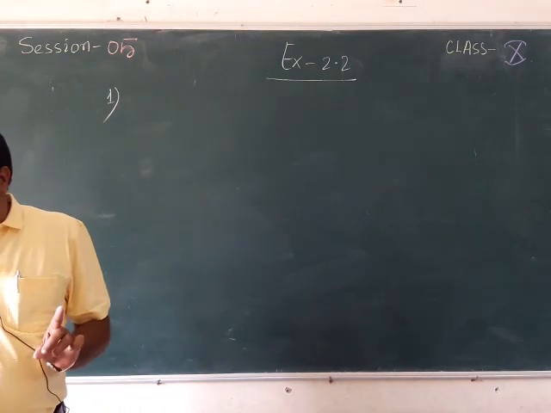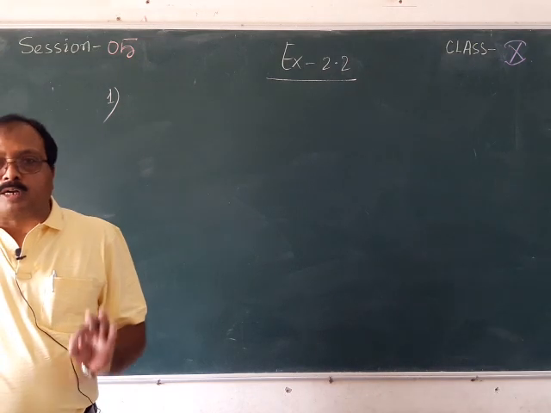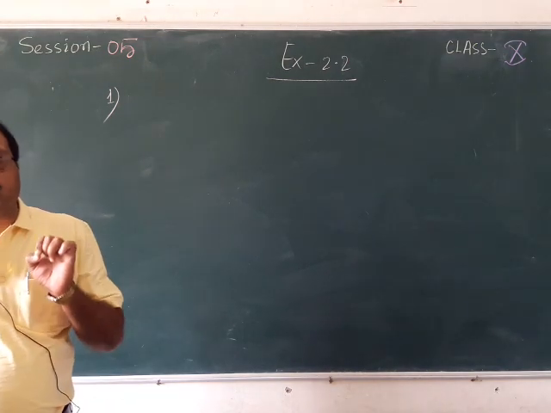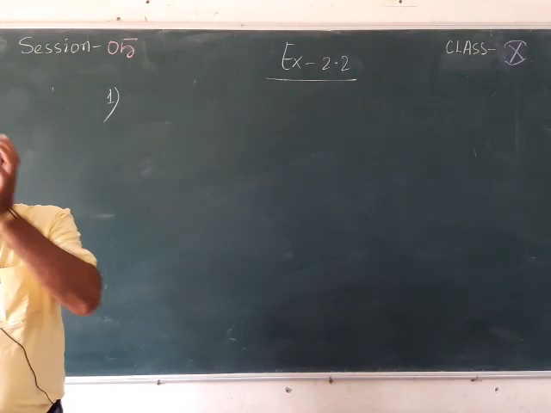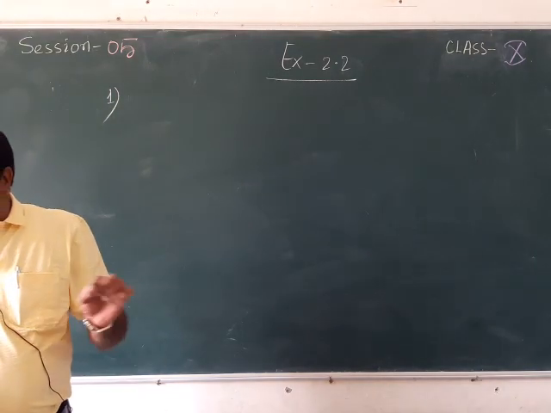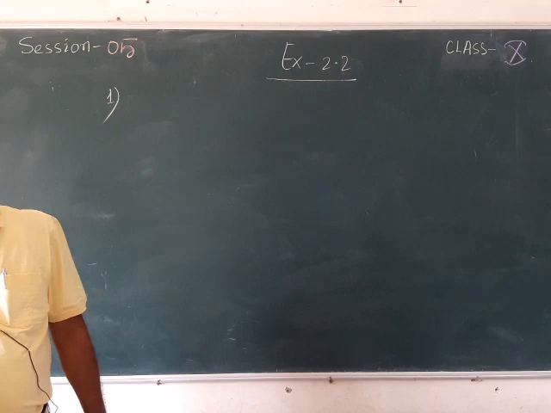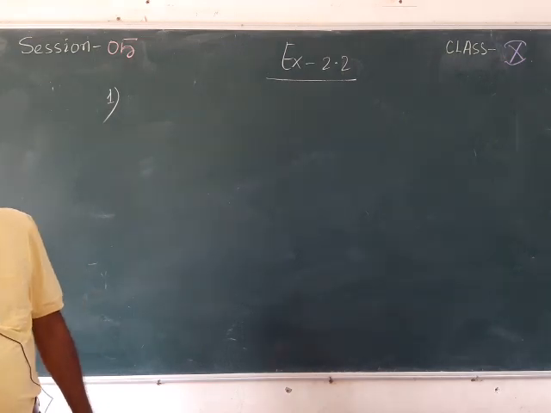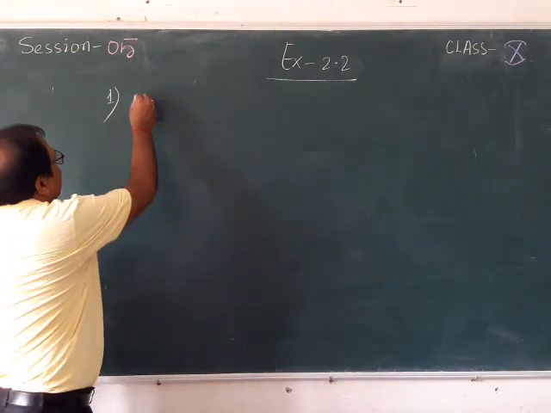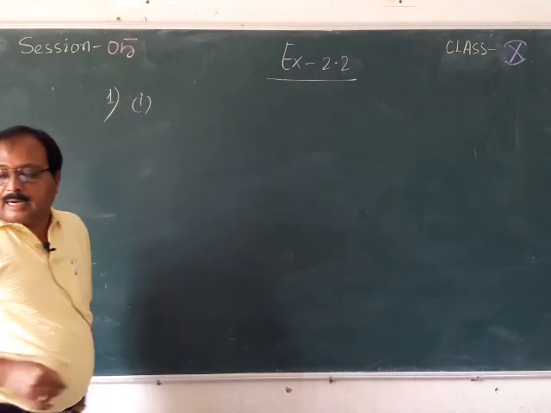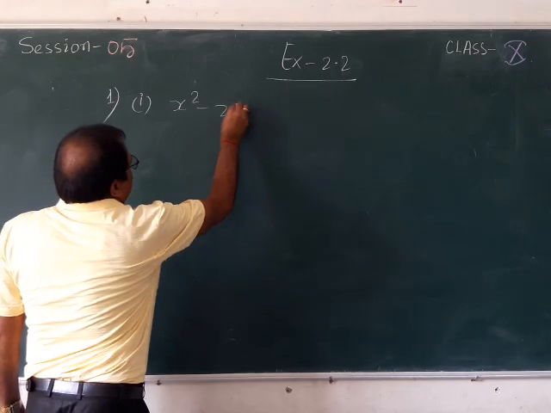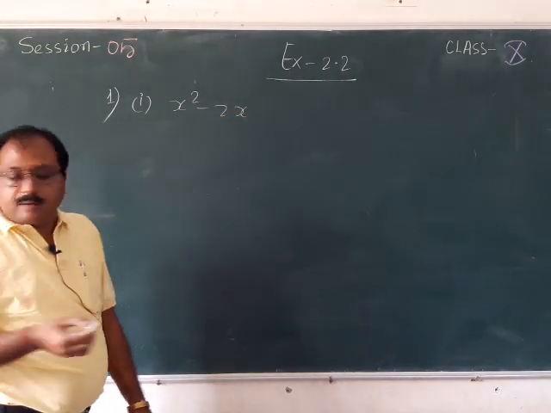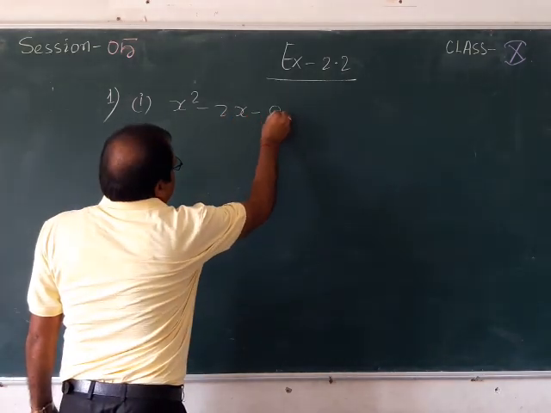That means first of all you find the zeros of this quadratic polynomial, then you verify the relationship between the zeros and the coefficients. So, let us see how to do this question. This is 1(i), and here it is written x square minus 2x minus 8. This is the question.